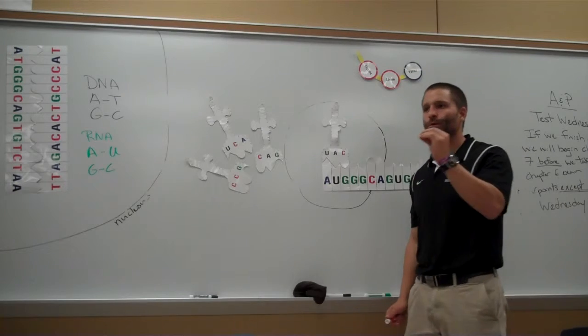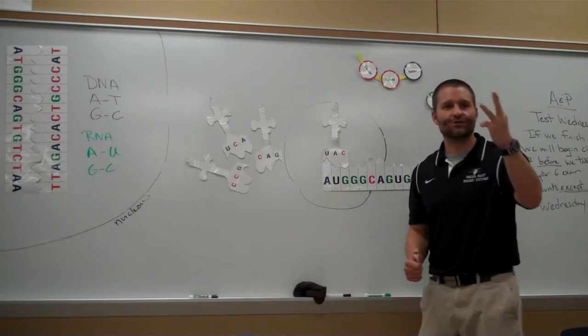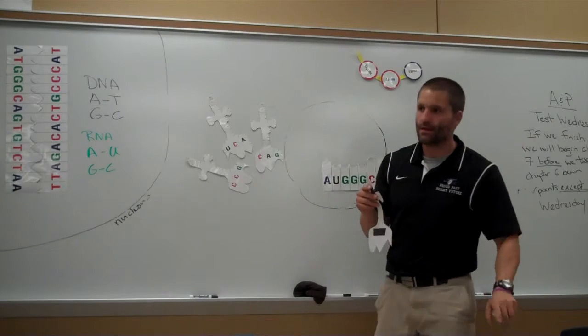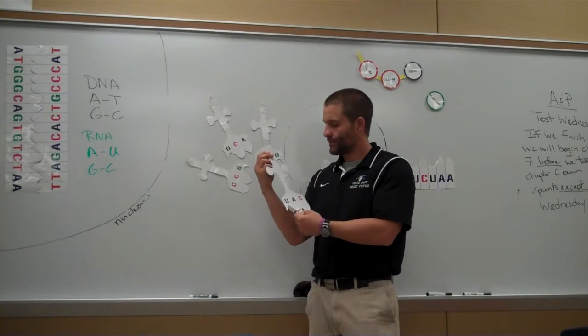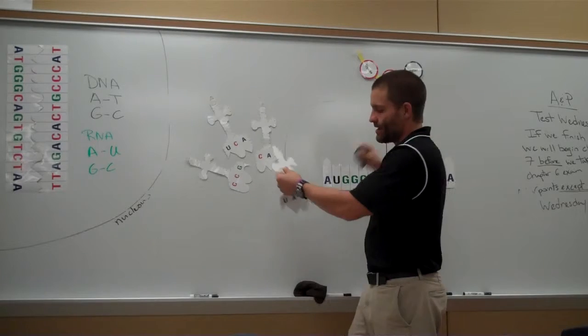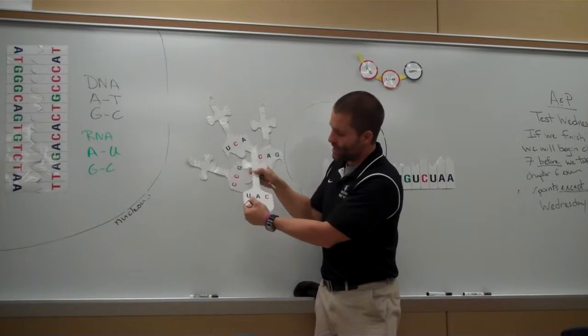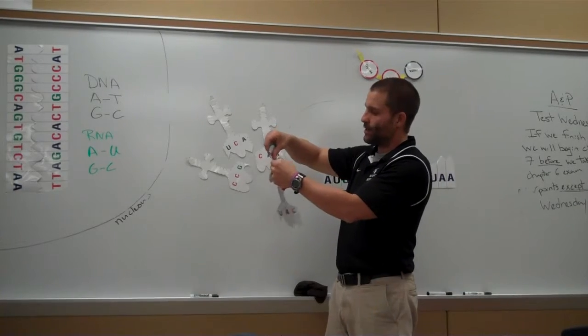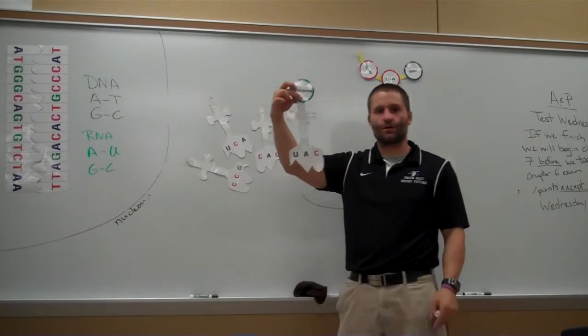They call this a triplet code. For every 3 nitrogen bases, code for 1 amino acid. And this is why: because you have 3 nitrogen bases, 1, 2, 3, that code for 1 amino acid. That's why it's called a triplet code.